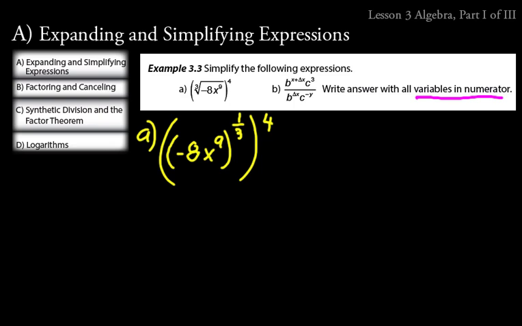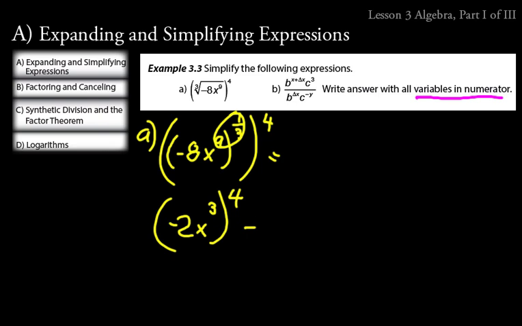That would work for -2. So we could say -2, and then x to the 9th to the 1/3 power, just apply the power rule right there for your exponents. 9 times 1/3 is 3, right? It's x cubed. Minus 2x cubed, that to the 4th power.